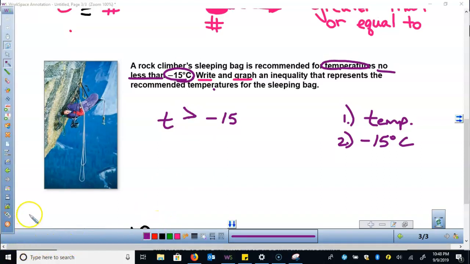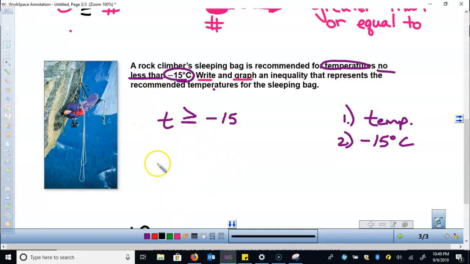And to answer that, we just basically ask ourselves, well, if I have negative 15, is negative 15 no less than negative 15? And the answer is yeah, it's fine. Okay, so the temperature outside needs to be greater than or equal to negative 15, no less than it. So negative 20 is a no-go, and it's not recommended to use this sleeping bag safely.